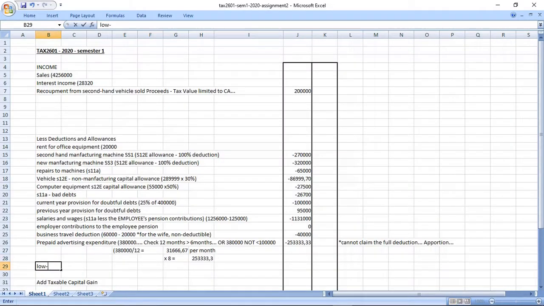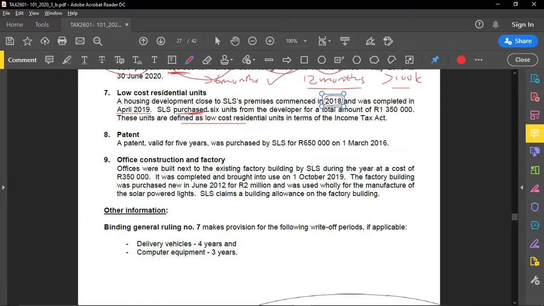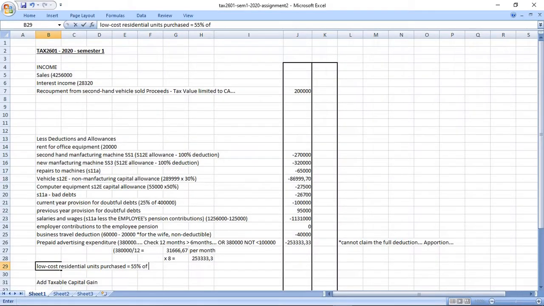So let's go to our working. Okay, low cost residential units purchased equals. All right, because this is purchased, it was acquired. So 55% of what was the total cost? 1.35 million, times allowance.